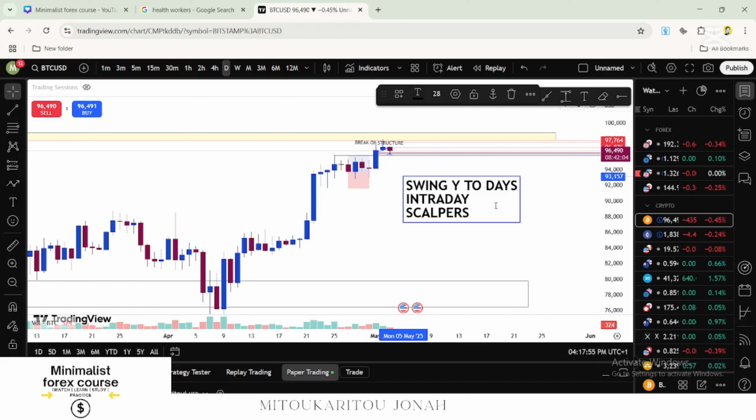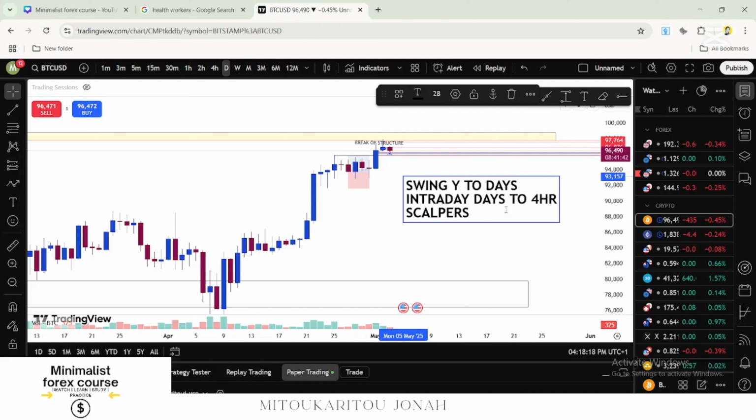The intraday traders can't wait that long, so they hold trades from days, let's say a week, to around 4-hour time frames. These are intraday traders. They just want to come on the chart and capture, let's say, at least a trade a day, or a couple of days. They don't want to wait that long.